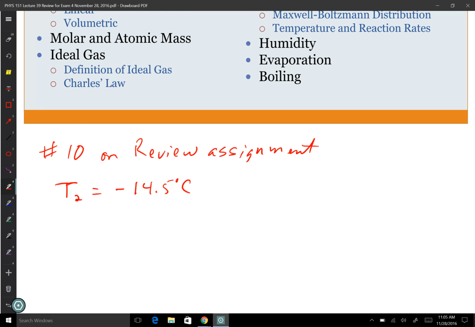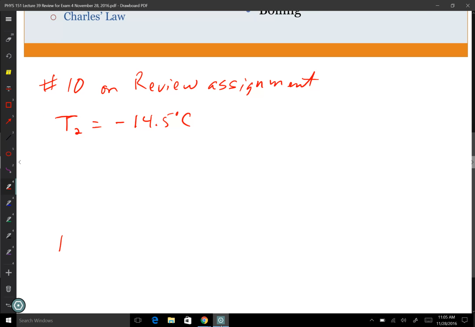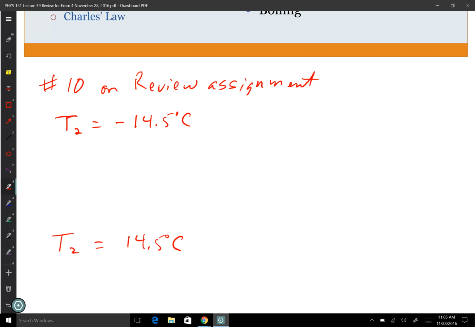And then down below, when it shows a summary, it'll say temperature 2 equals, and it just shows the number in red and doesn't show the minus sign. It has the minus sign, so that's a typo that it's missing the minus sign that goes right there. If you just read the text of the problem, it's going to be fine. But if you look at the summary of variables, which I do, it has it listed incorrectly.